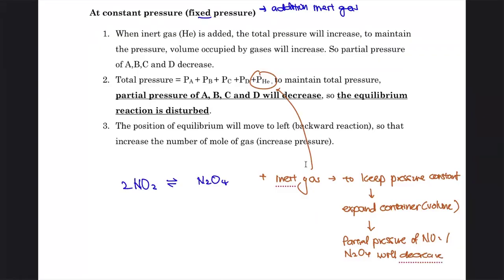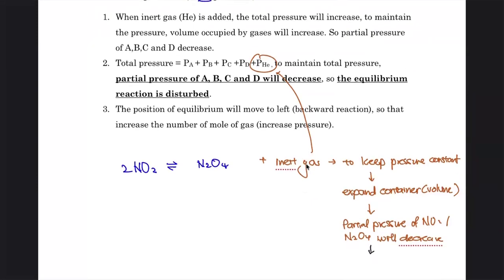The pressure is decreased. So according to Le Chatelier's principle, if the pressure decreases, you will shift to the side that increases the pressure back. So it will shift to the left side to increase back the pressure.